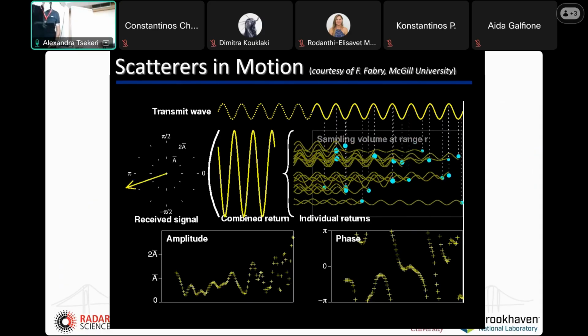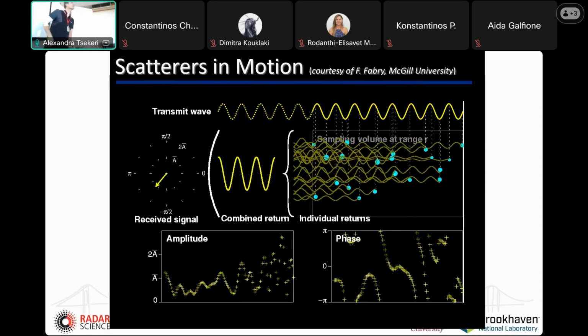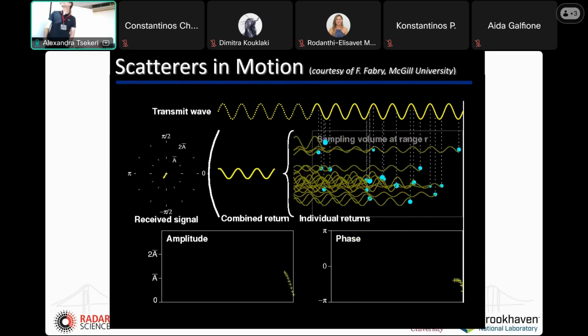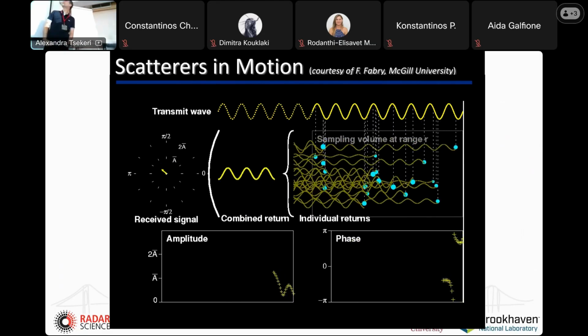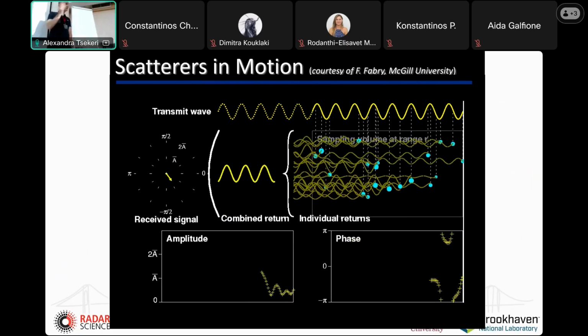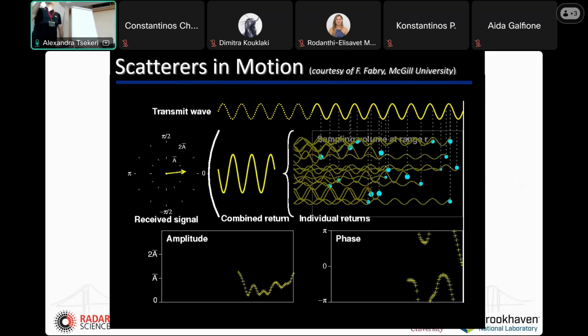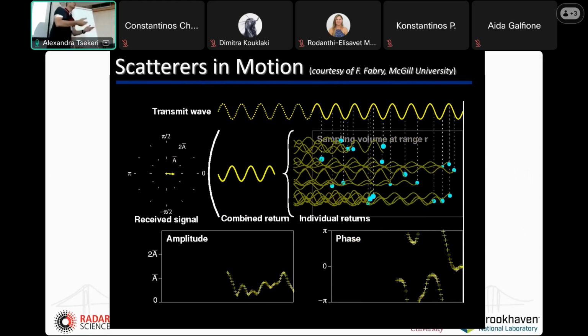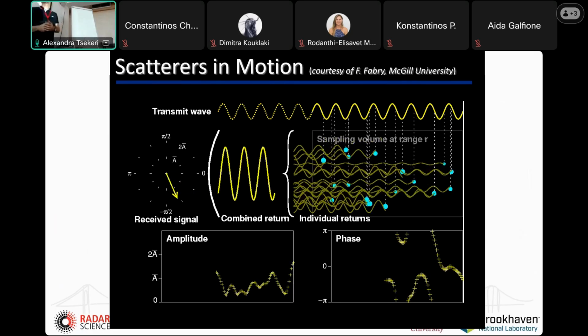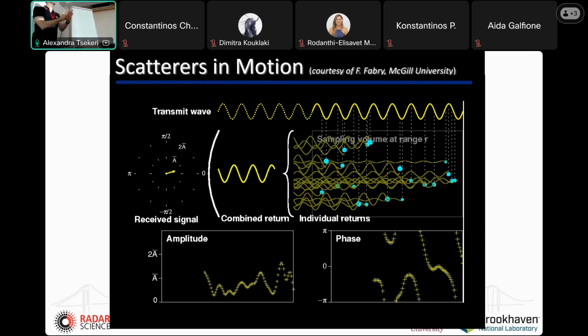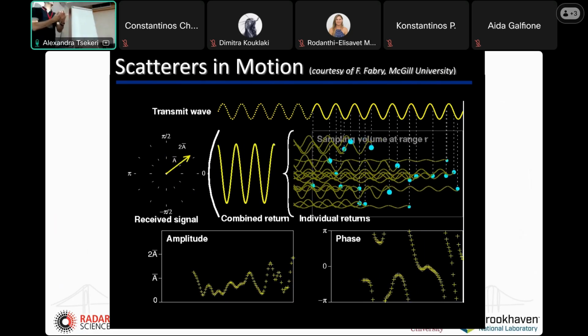Why? Because of the... Okay, so it's constructive and destructive interference, correct? That means if I use one pulse to hit a cloud, most likely I won't get the right answer. So in radar, we throw many pulses to get to that.